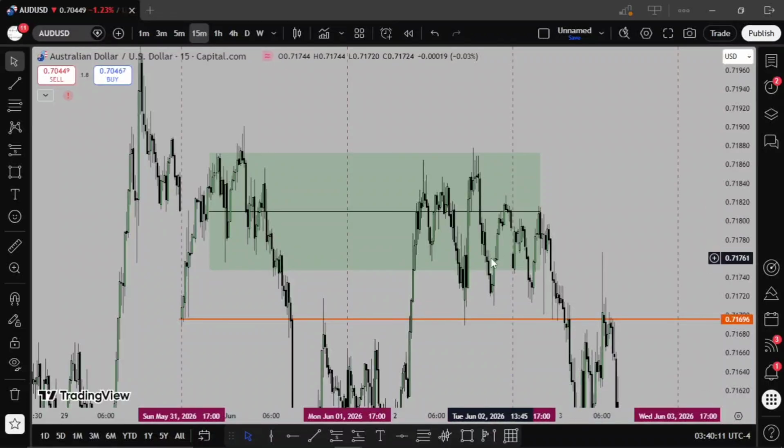Now, how can we know the price is going to deliver from that level? What do I tell you? We want to see price from this level, right? We want to see price from a lower high. This is the first drop. Price immediately took it out.